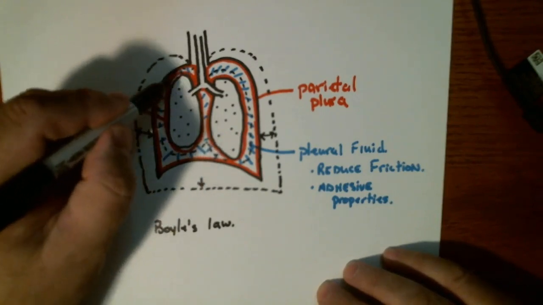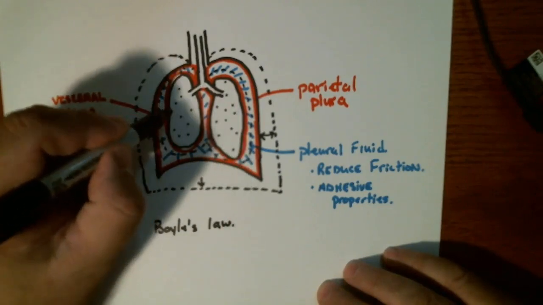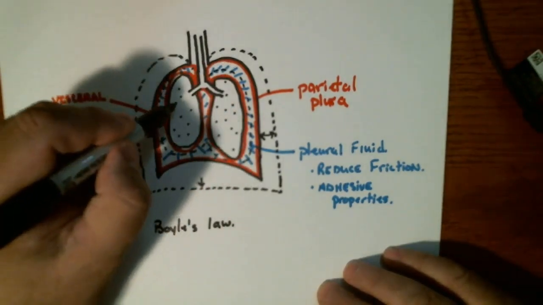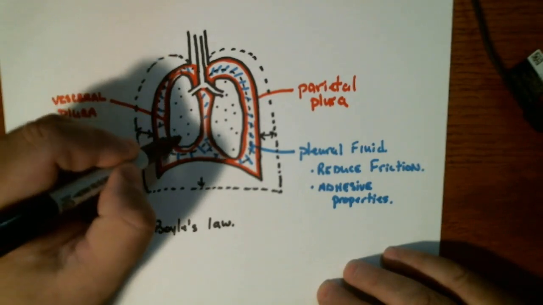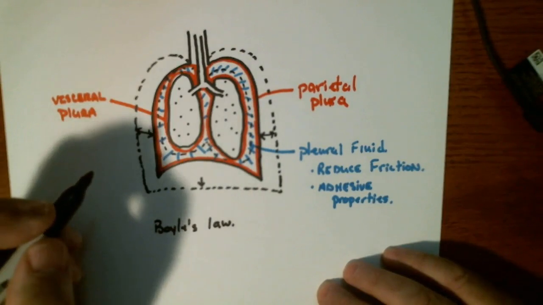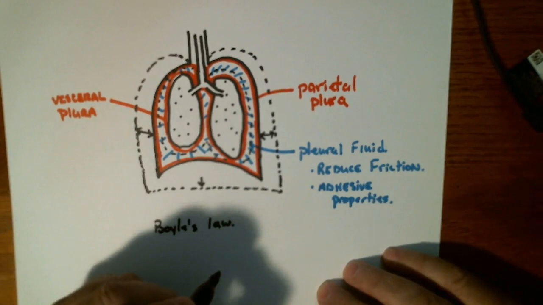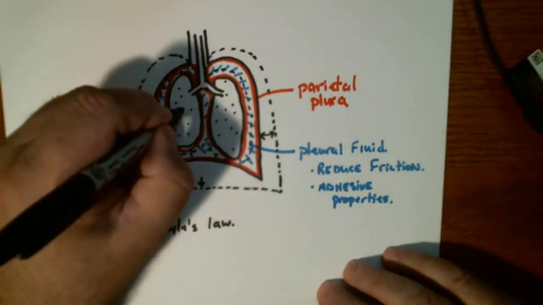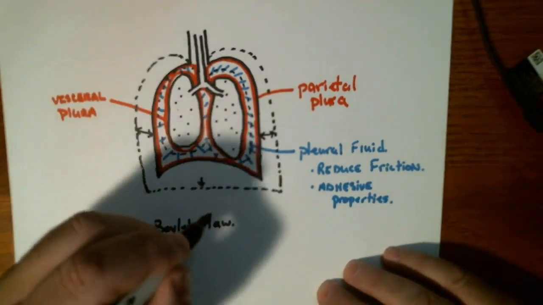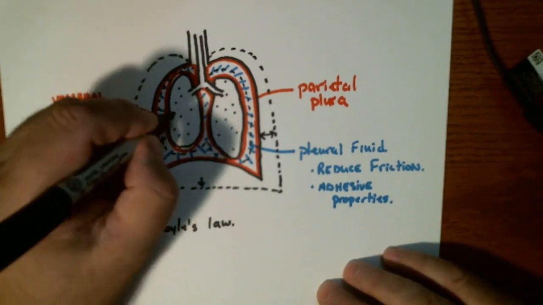So what's going to happen is, as these lungs stretch out, it's going to increase the volume of the lungs, and these air molecules are going to be able to move further away from one another in each of the lungs. And as they move further away from one another, the air pressure inside the lungs is going to go down, and it's going to go down to below atmospheric pressure.